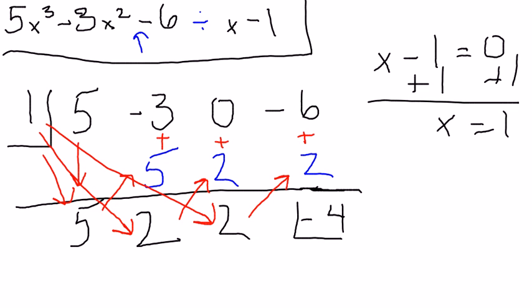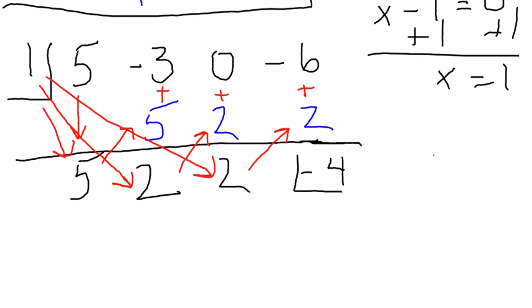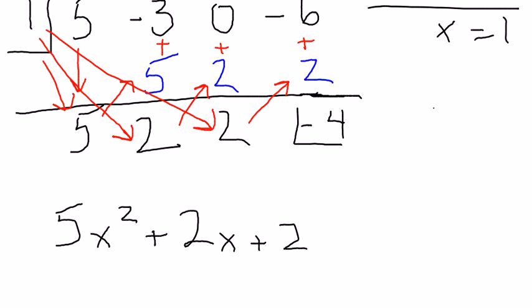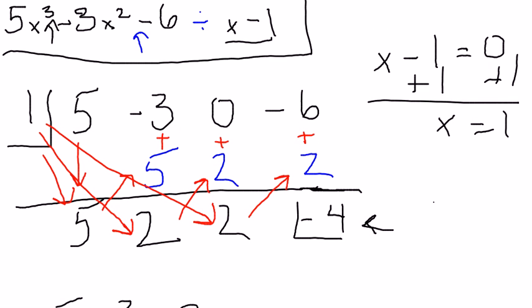And then this is how we would set it up. So notice how there's the cubed there once again. We would have to have squared as our first coefficient, or our x squared as our first variable. So our final answer would be 5x squared plus 2x plus 2, and then since this is our remainder, we have to have it as our numerator, and then our x minus 1 as our denominator.